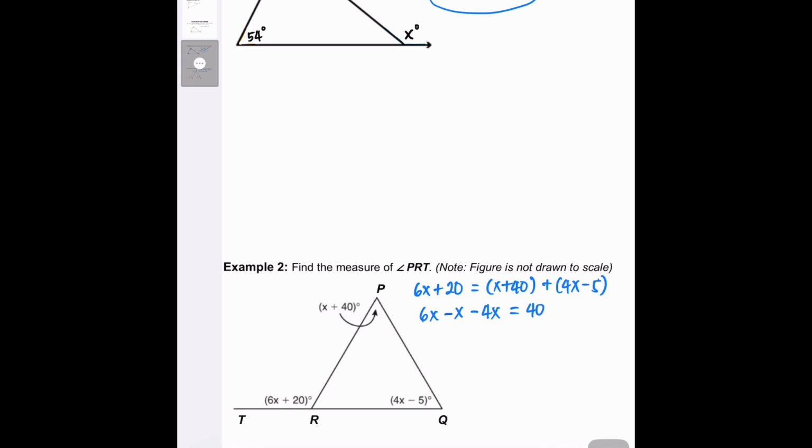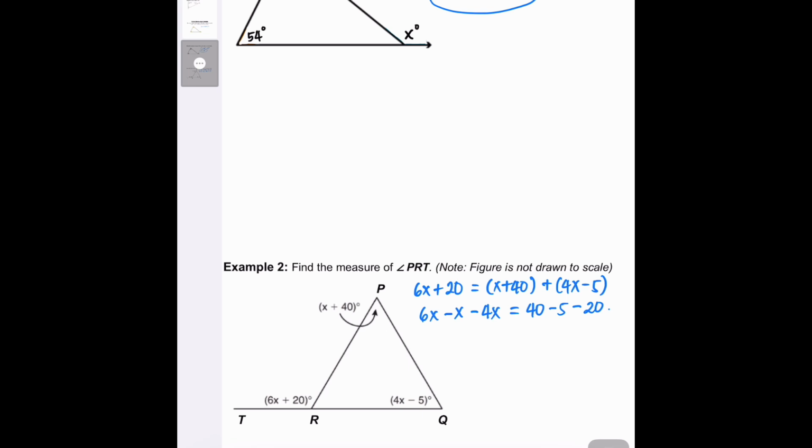Also minus 5 is already on the right-hand side, so we just rewrite negative 5. However, positive 20 is on the left-hand side, so it needs to be moved to the right-hand side. Applying the subtraction property of equality, we subtract 20 from both sides, so positive 20 will become negative 20.